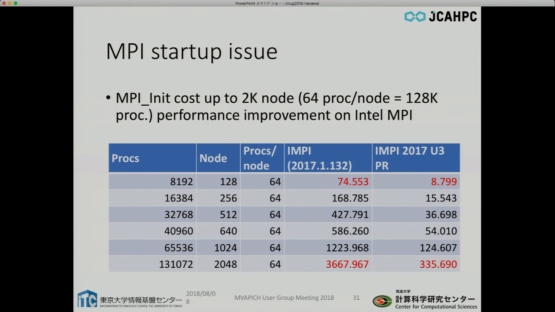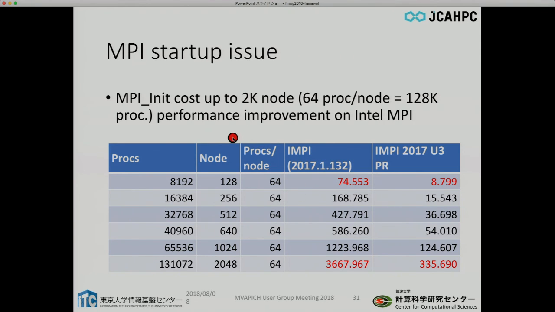The second big issue was MPI startup time. This is the startup time from MPI_Init to MPI_Finalize. Over 8,000 nodes, the startup time is very bad. In this case, startup time was over 1 hour.